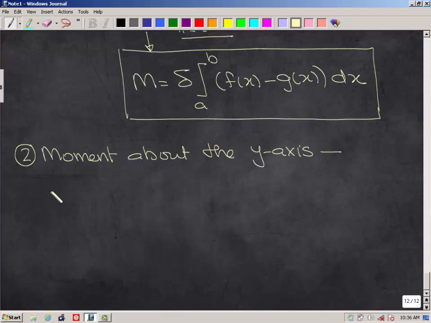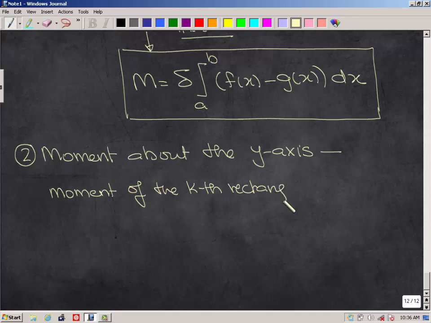So the moment of the kth rectangle about the y-axis, which we'll call m sub y sub k, because it's for the kth one, is equal to, how do we calculate moment?